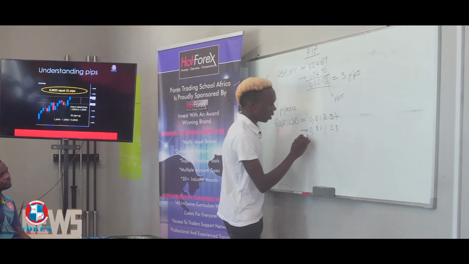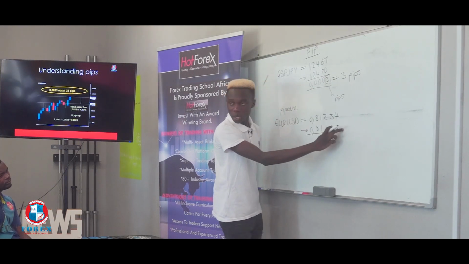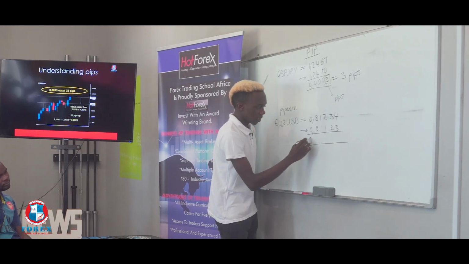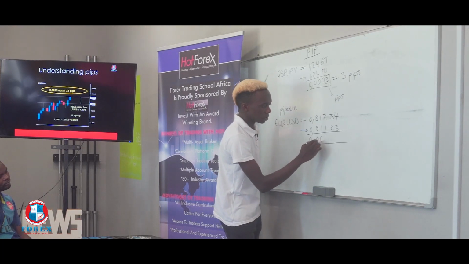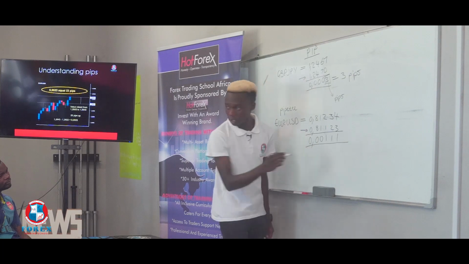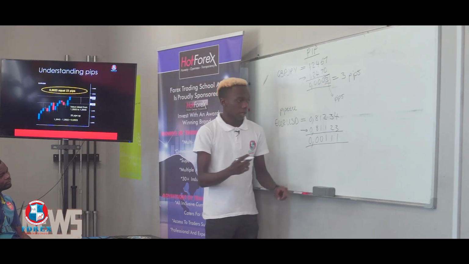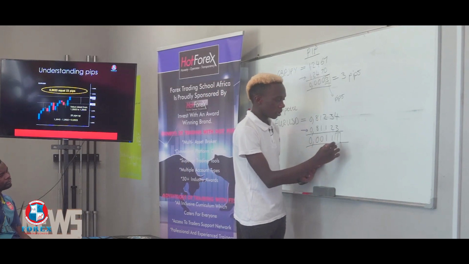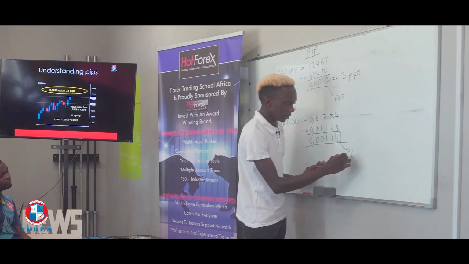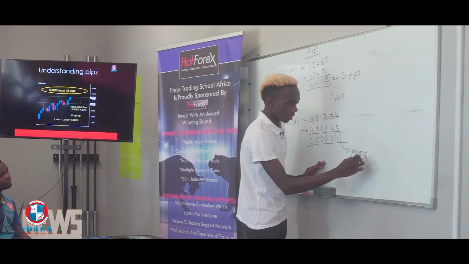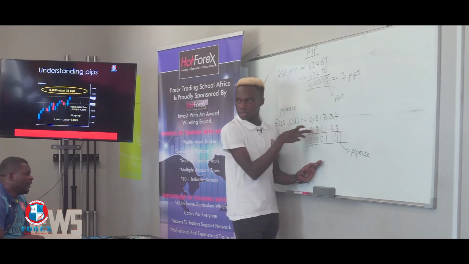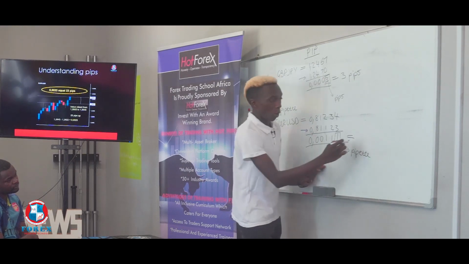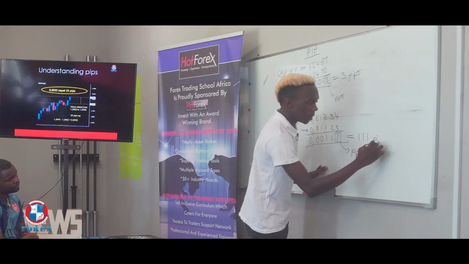We want to calculate the distance from that point all the way to that point. So in this case, what do we get? 0.00111. Right? Okay. So you need to note something, guys. Your pipet is usually the 5th decimal place. So if we were to convert this to pipets, what do we get? 111 pipets.